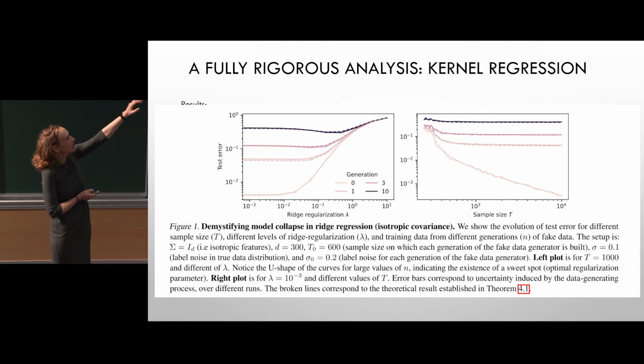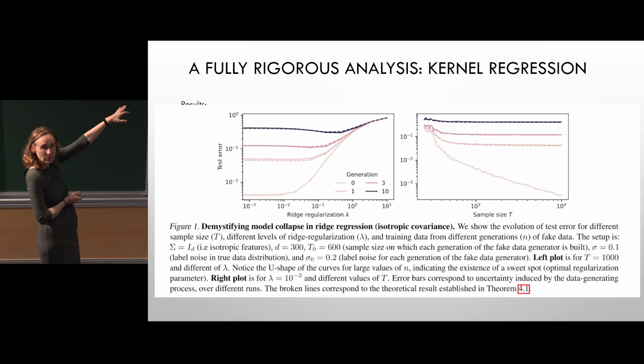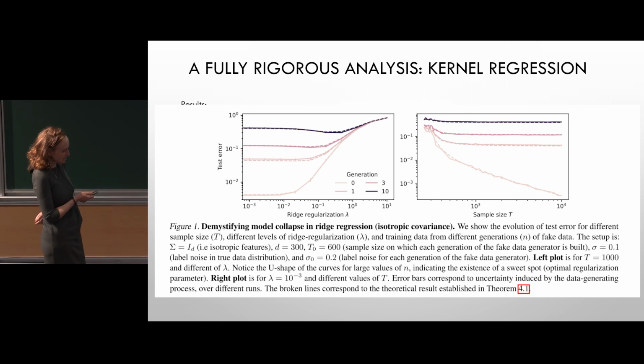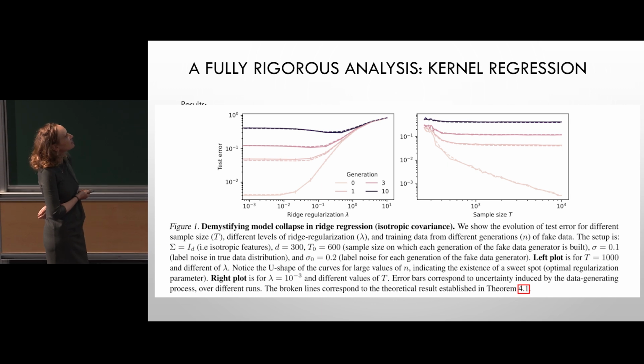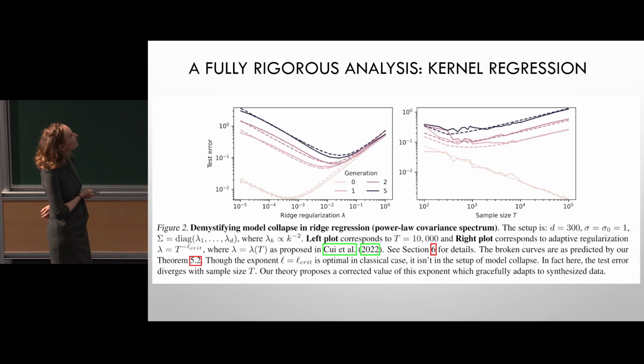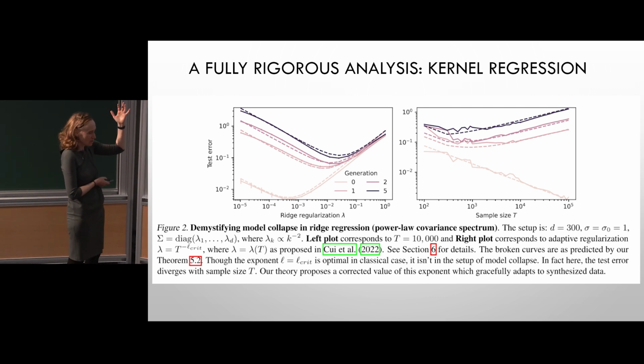In this case, the lighter ones are the good ones, the original data. And as it gets darker, you see the degradation of test error with data, with regularization and with sample size. You see all these effects that we saw in the wild. You can also find them in the kernel ridge regression. And in particular, there's one effect.